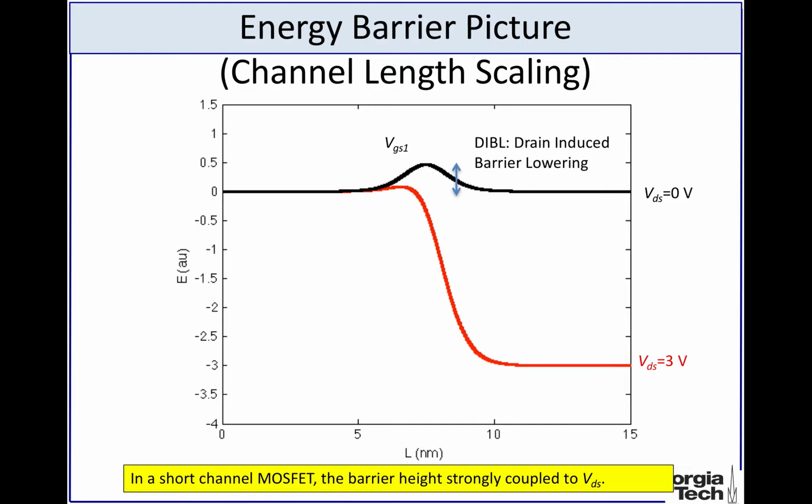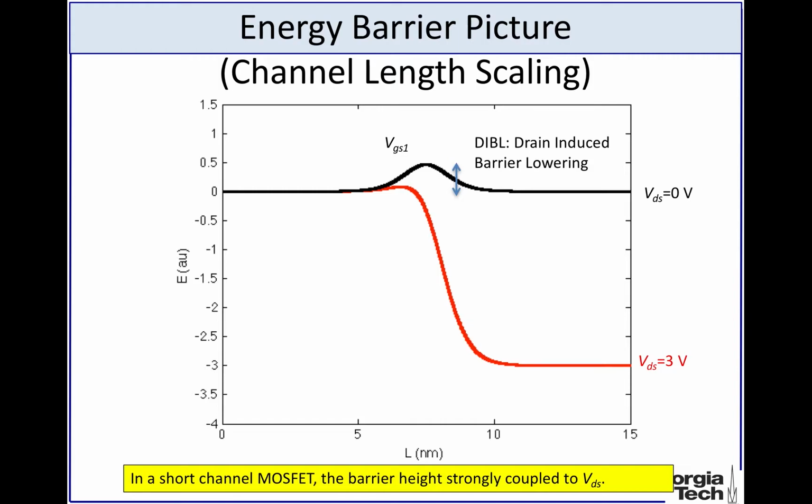What it essentially means is that as you increase the drain voltage, the subthreshold current actually increases, although you are at the same gate voltage. Previously, for long channel transistors, we have seen that the subthreshold current or the off-state current is independent of drain voltage.